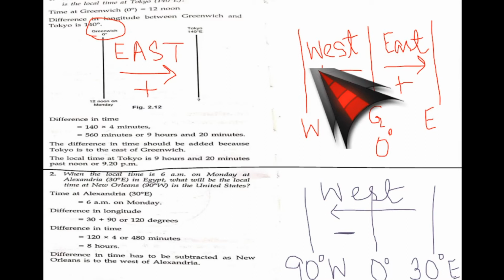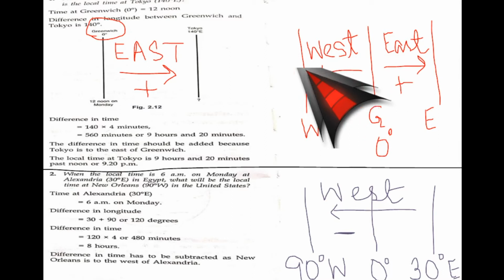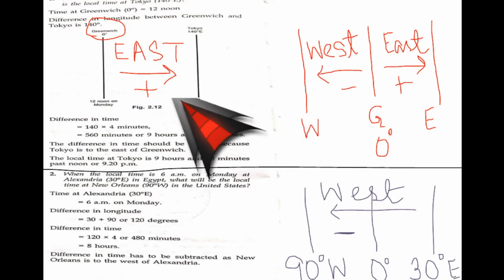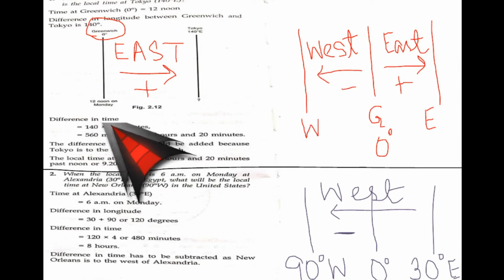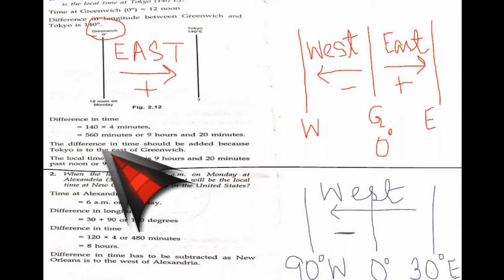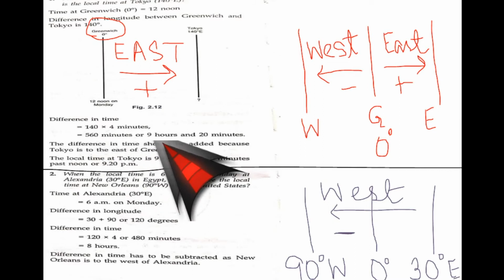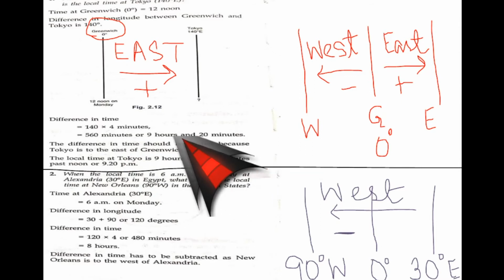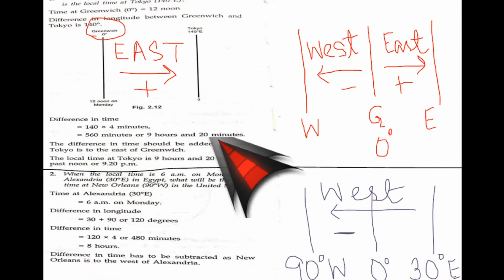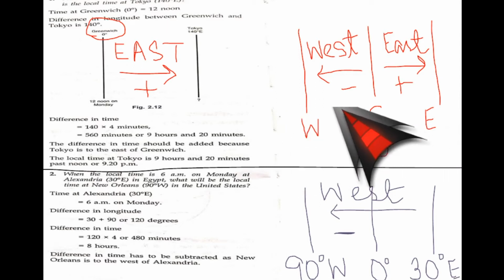Greenwich is at 0 degrees and Tokyo is at 140 degrees, so the difference is 140 degrees minus 0 degrees. The time difference for 1 degree is 4 minutes, so for 140 degrees it is going to be 560 minutes, which I am converting into hours and minutes, getting 9 hours and 20 minutes.